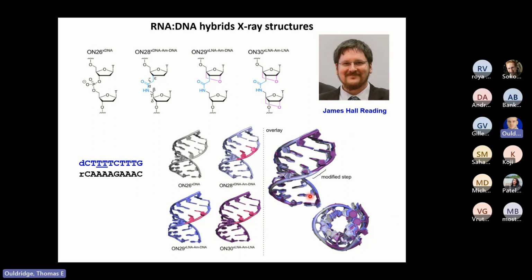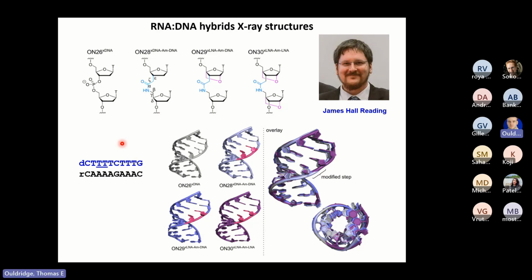And when you look down on the helix, there's not a lot of difference. So in other words, the oligonucleotide that we've synthesized with the LNA amides is able to adopt exactly the same shape, within a little bit of error, as an unmodified DNA-RNA hybrid. So entropically, it's in the right kind of shape to bind to its target.